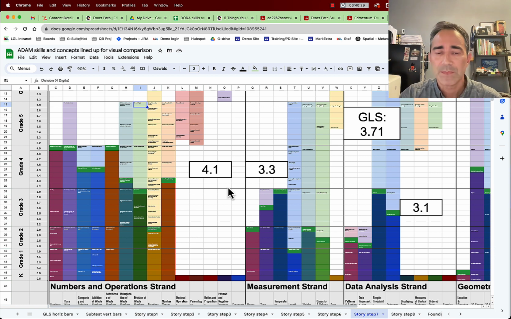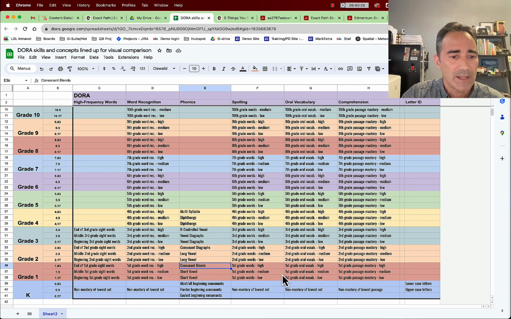Very different approach. Within reading, it's very similar. Now, there aren't as many domains. We have 44 subtests in math, and they're doing 6, but in reading it's a little different. We have 6 or 7 subtests: high frequency words, word recognition, phonics, spelling, oral vocabulary, and comprehension.